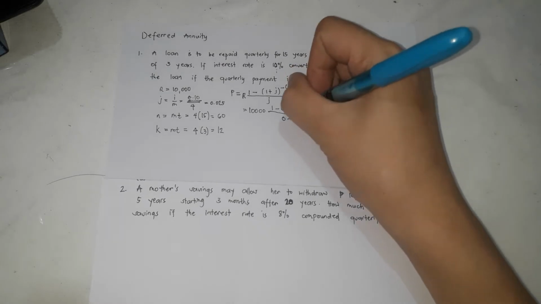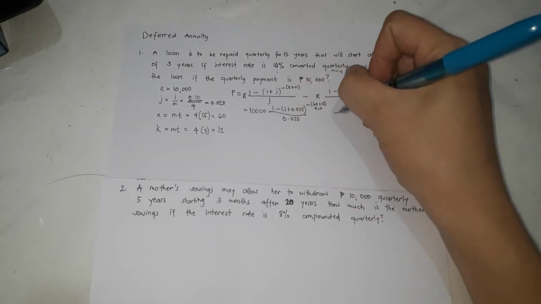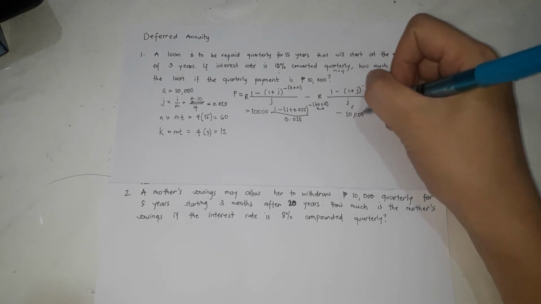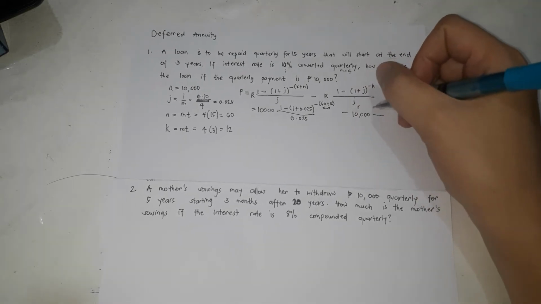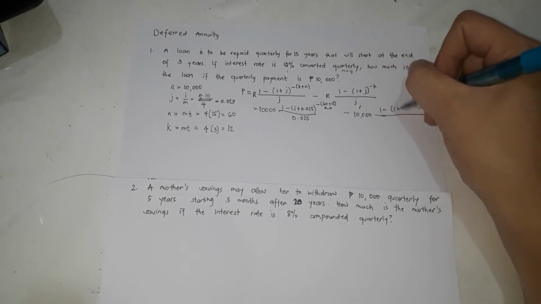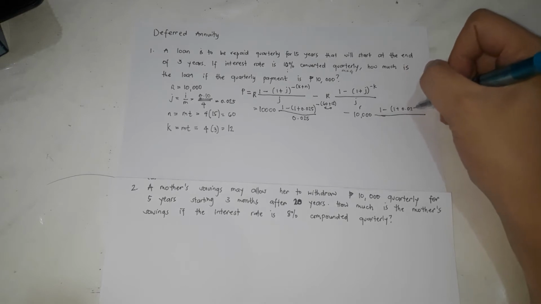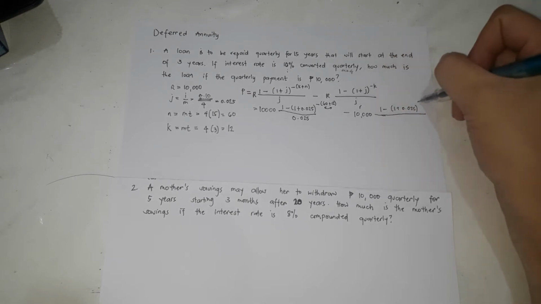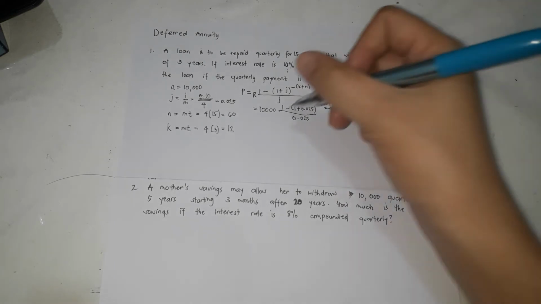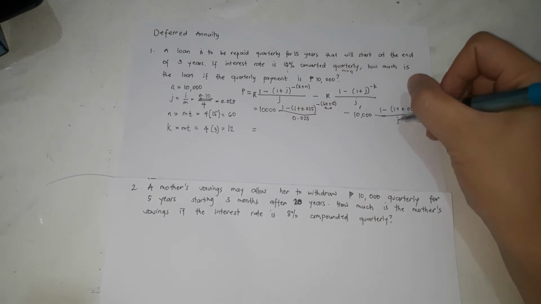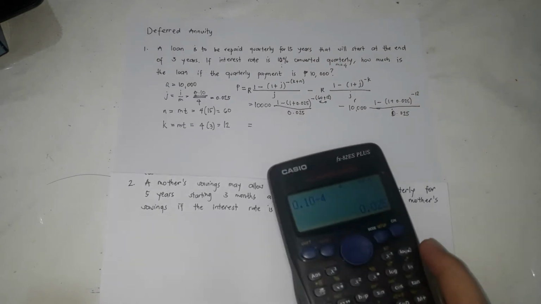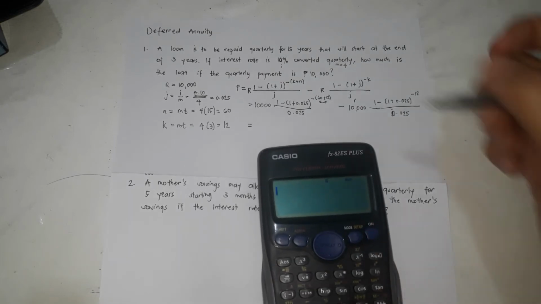Over 0.025, times R, which is 10,000, then 1 minus (1 plus 0.025) to the k, which is negative 12, over j, is equal to j plus 0.025. So we'll start with this one.